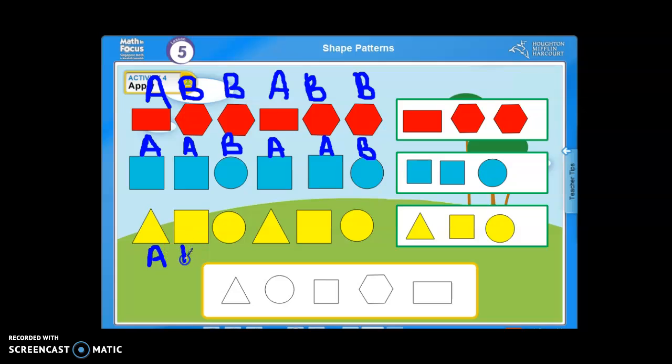It's different, so this is going to be B. And then is this the same shape or different as this one? It's different. It's a circle. So we have A, B, C. A, and then what letter is the square? It's a B. A, B, C. All right.